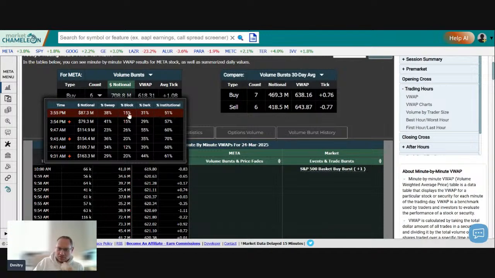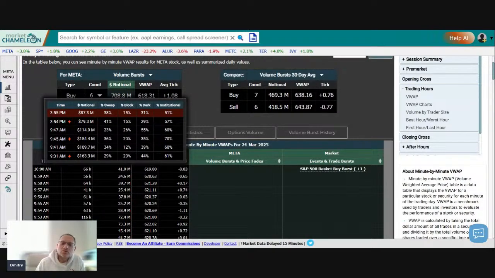Now, keep in mind, these are not mutually exclusive. So you could have a block trade that was in the dark pool or not in the dark pool. You could have sweep trades that were also in the dark pool, not in the dark pool, part of block. So these are not additive. These are just features or attributes of the trades.